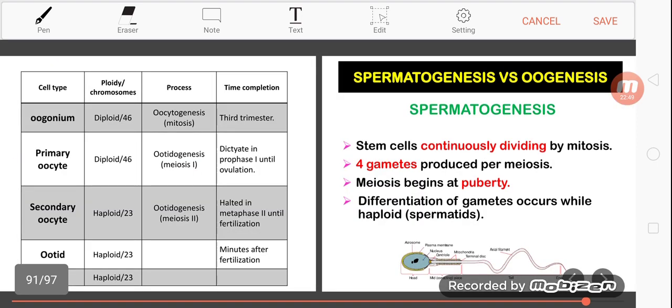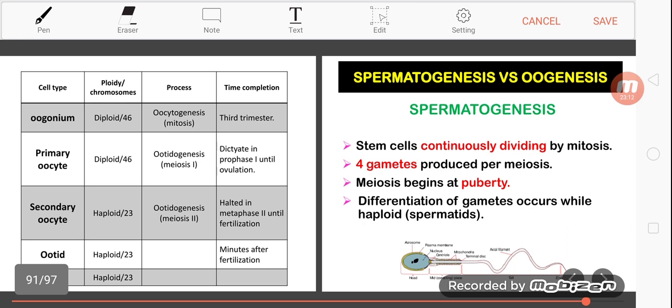Okay, comparing spermatogenesis and oogenesis. The left side here shows each level of oogenesis in terms of the oocyte level: oogonium, primary oocyte, secondary oocyte, and ovum.